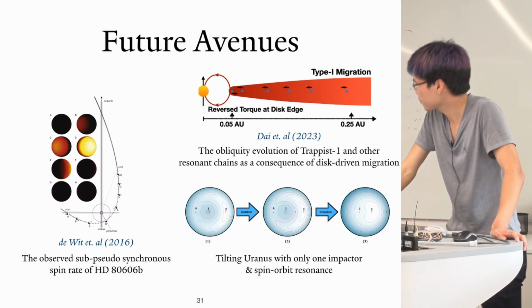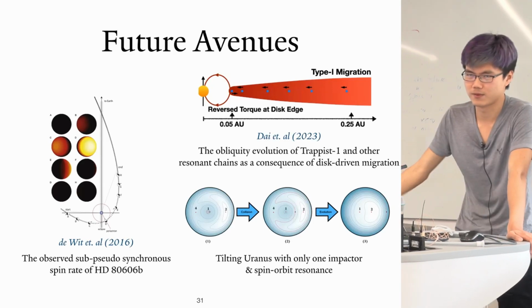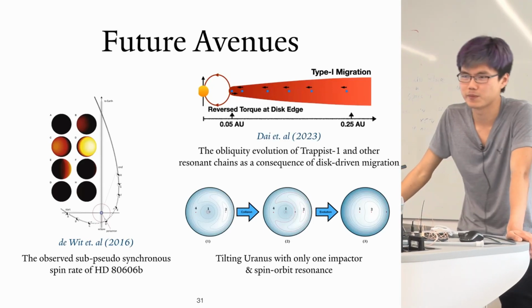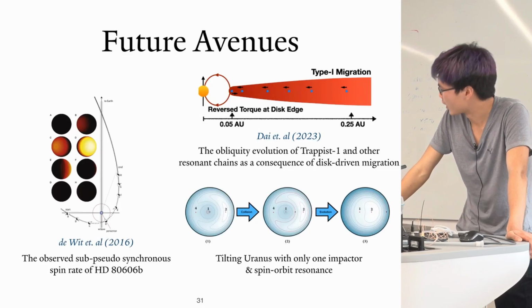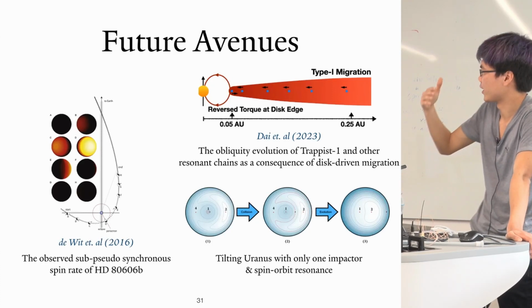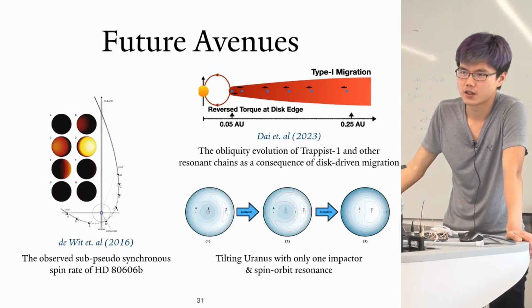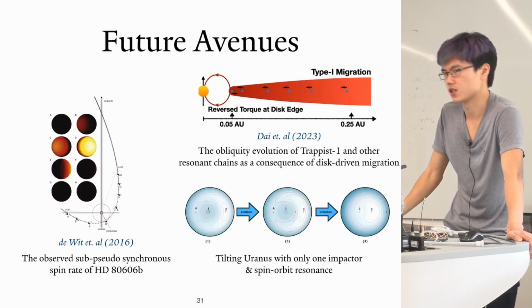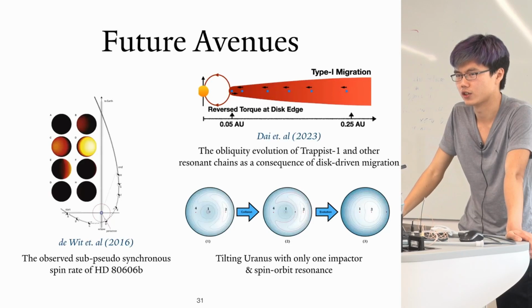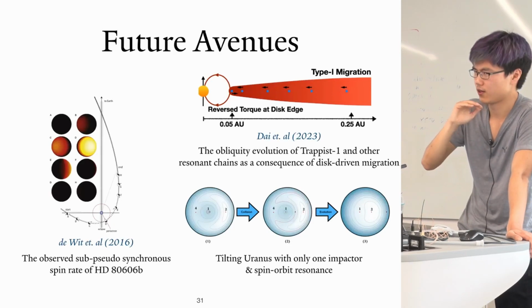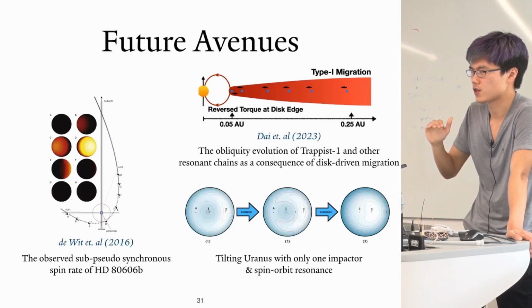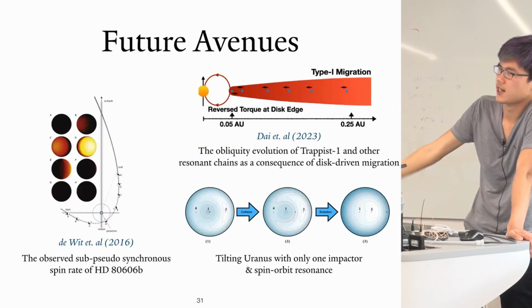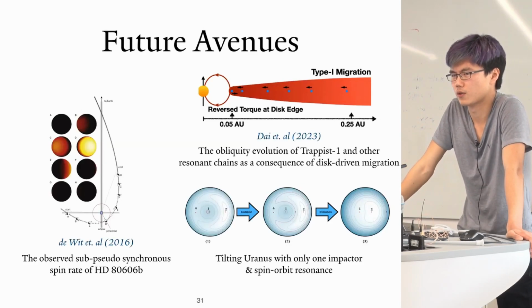So over the past decade or so, there's been a lot of effort to find alternatives for the evolution of Uranus, and spin-orbit resonance has been one of those, the process I described from Millholland and Laughlin. The issue is that it's very difficult to get to 98 degrees with spin-orbit resonance.